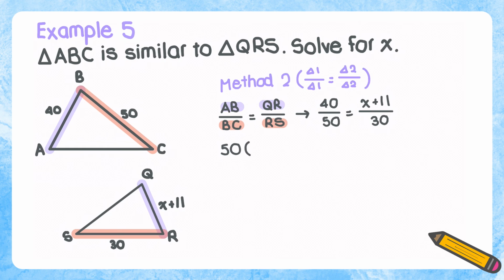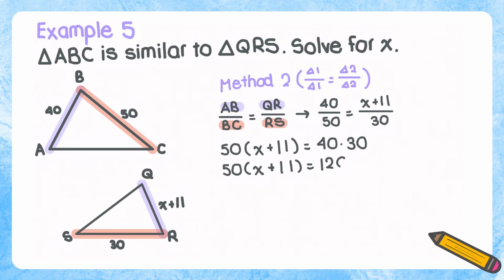50 times the quantity x plus 11 equals 40 times 30. That's the same thing as 50 times the quantity of x plus 11 equals 1200. Let's divide both sides by 50 to get rid of that 50 in front of the x plus 11.